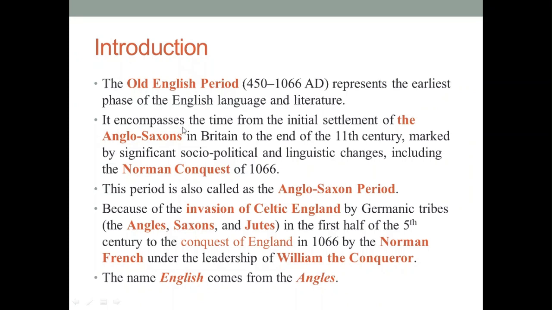It includes the time from the initial settlement of the Anglo-Saxon tribes in Britain to the end of the 11th century, marked by significant socio-political and linguistic changes, including the Norman conquest of 1066.